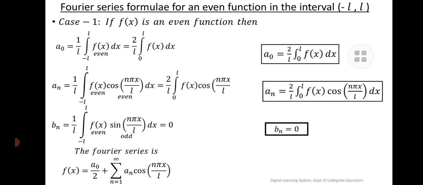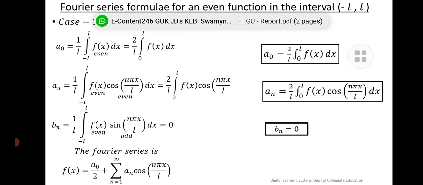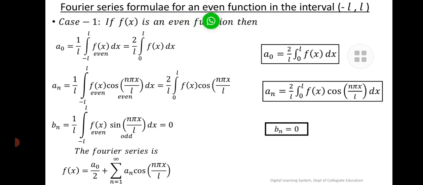Let a naught be equal to 1 divided by L integral minus L to L f of x dx. Here f of x is even. Then we can say that it is 2 times 1 divided by L integral 0 to L f of x dx. So a naught is equal to 2 divided by L integral 0 to L f of x dx.